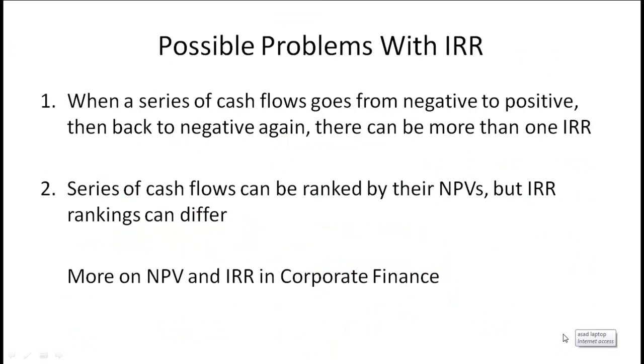What are possible problems with the internal rate of return method? We'll see this again in more detail in corporate finance, but just to give you a brief sense right now, consider a series of cash flows like negative 100, then plus 10, plus 20, then say minus 50, and then again plus 100.